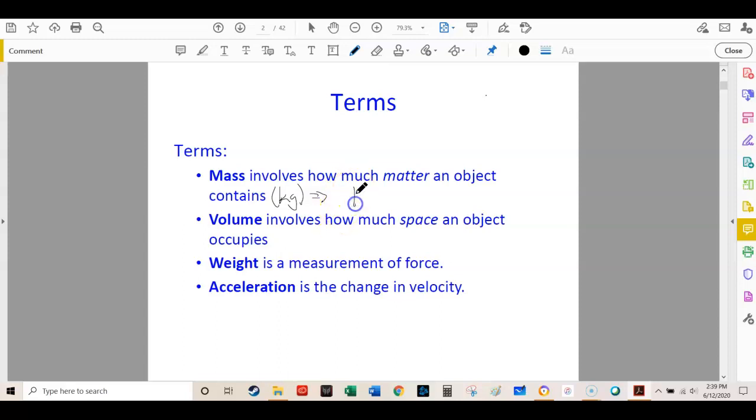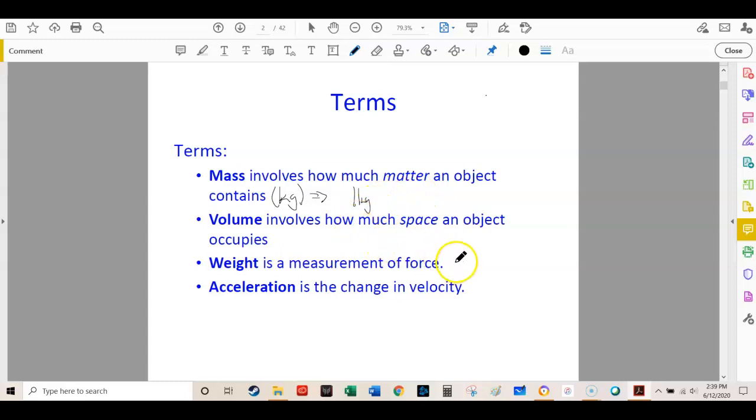Well, 1 kilogram, which is the amount of matter, is analogous to, I should be careful here, 2.2 pounds, okay? But a kilogram is not a pound.